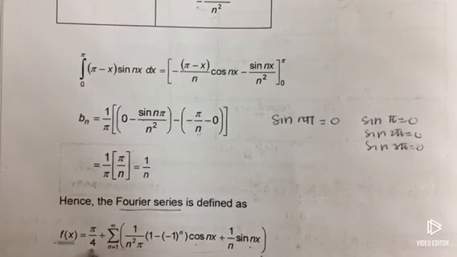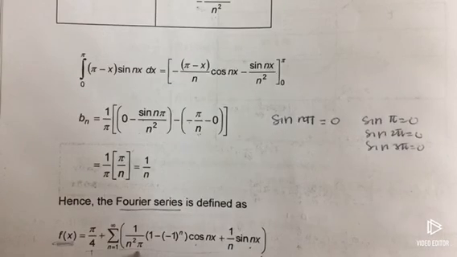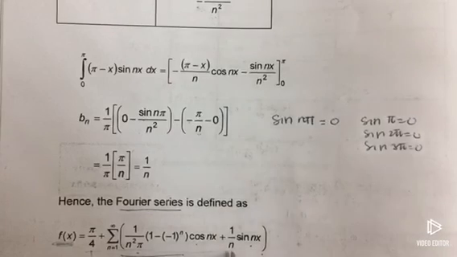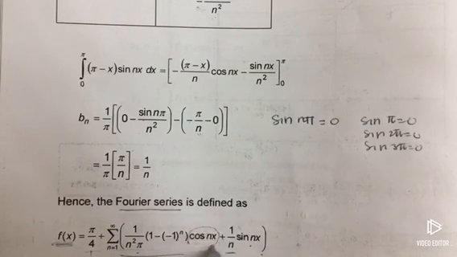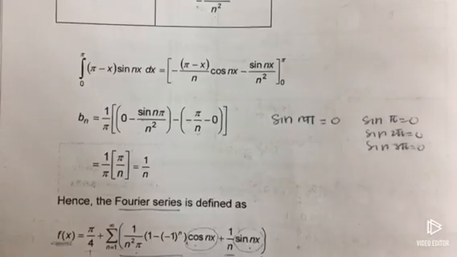So this is the value of a0, this is the value of an, and then this is the value of bn. And then remember to write this cos nx and sin nx.